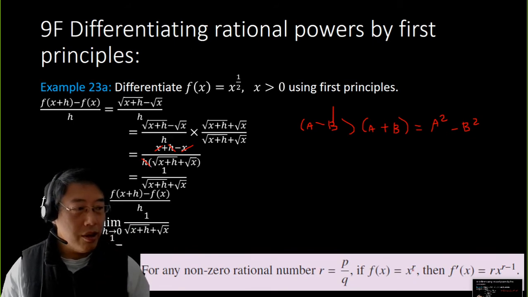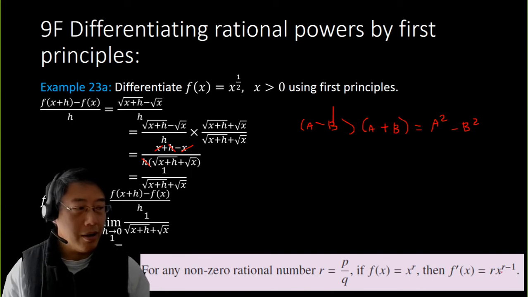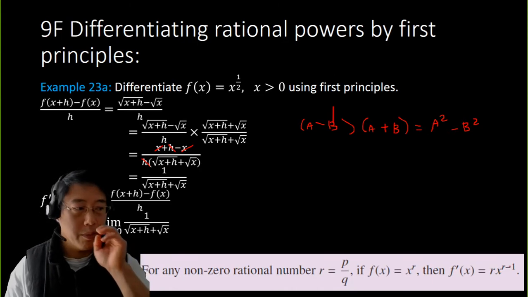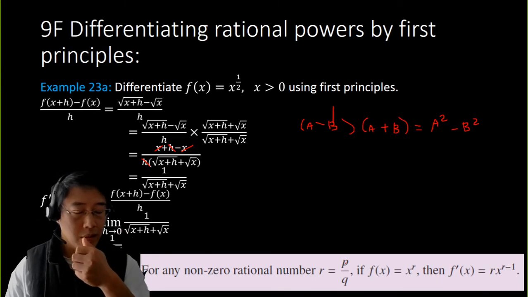So if your function is x to the power of r, with r being a rational number, the derivative is you multiply by r, and the new power, the second factor in terms of x, is r minus 1. You take away 1 from that power, even if it is a rational power.